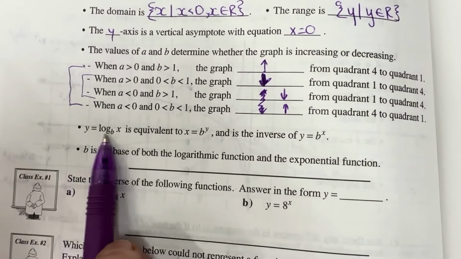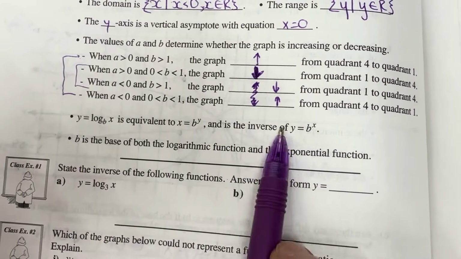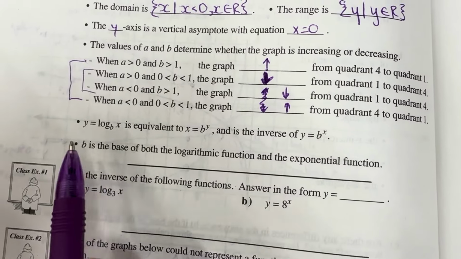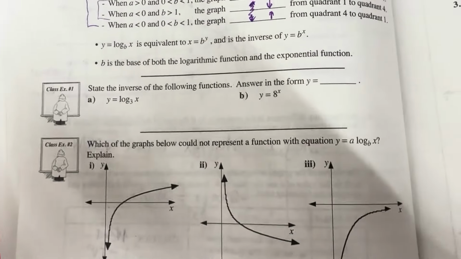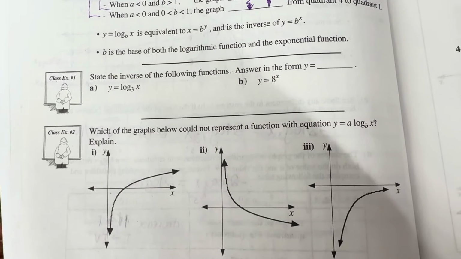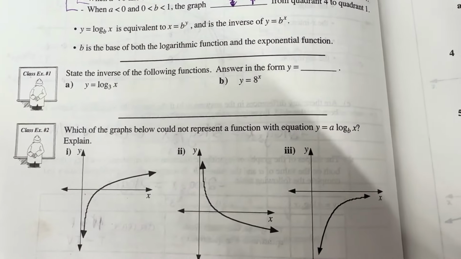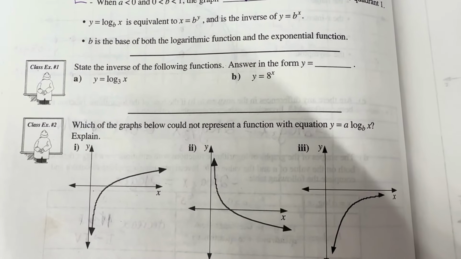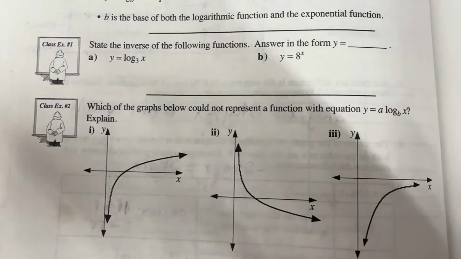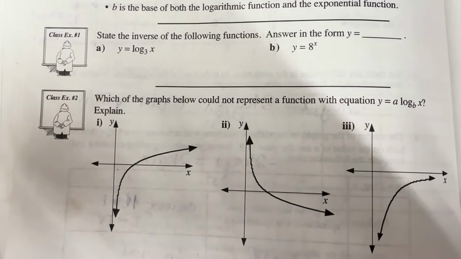Just a reminder about how the logarithm is the inverse of the exponential, and that b is both the base of the logarithmic and the exponential. So, state the inverse of the following function, answering in the form y is equal to whatever. It's weird that they have us doing this again, but that's okay.